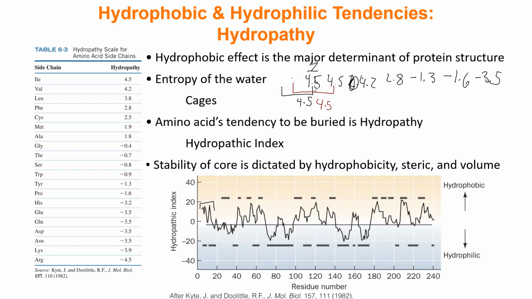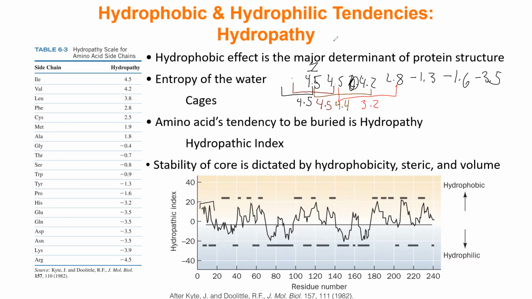I take the average of these three amino acids. So 4.5, 4.5, 4.2. That's like what, 4.4 maybe. So I plot that on my hydrophobicity plot. Then I move one over again. 4.5, 4.2, 2.8. Let's just say that's like 3.2.